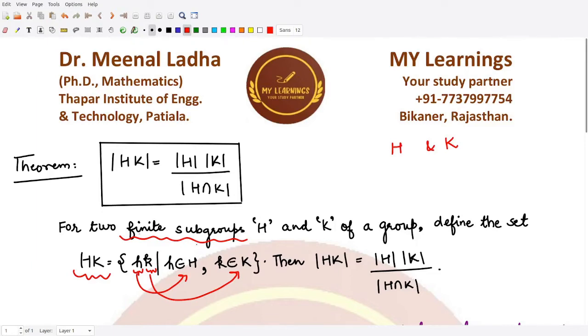Then the order of this new set which we have defined, HK, would be calculated by taking the order of H multiplied with the order of K, divided by the order of the intersection of these two subgroups H and K. So this is the result with us. In order to understand this result, we have an example.